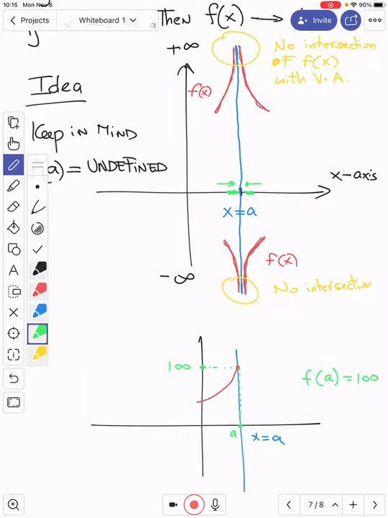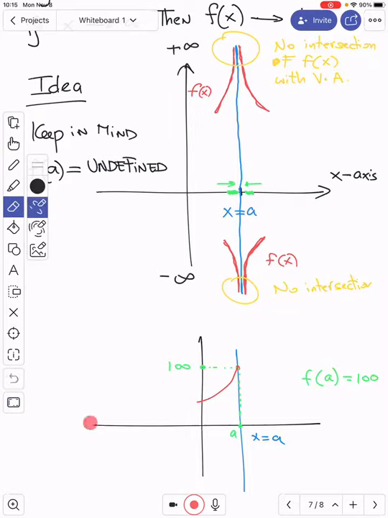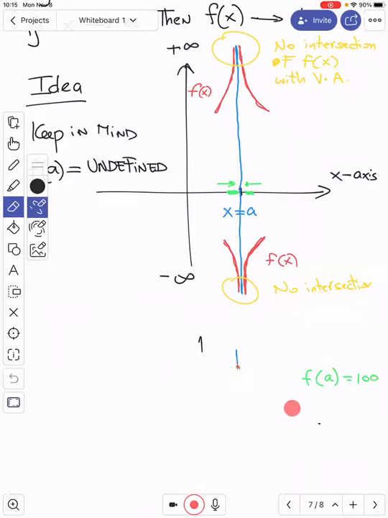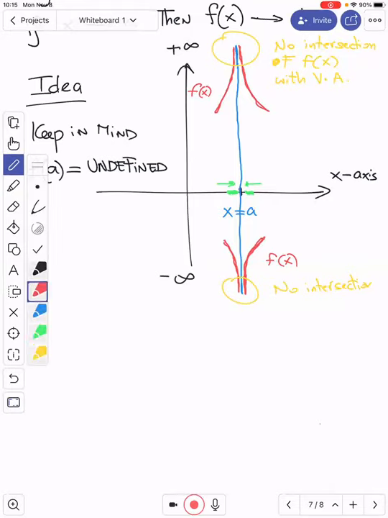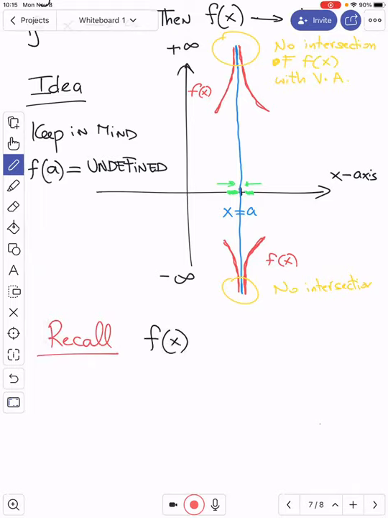The output y is well defined, right? So yeah, and that's actually how we find the vertical asymptote. So just to remind you how to find the vertical asymptote: your function f is given by, again, it's a rational function, so it's p of x over q of x.